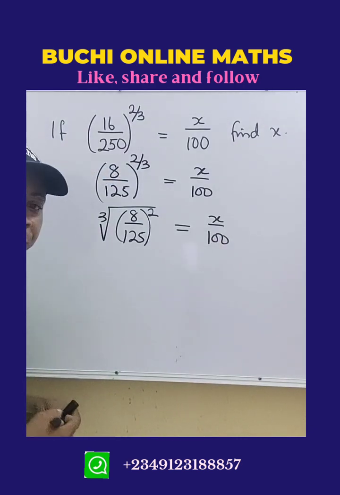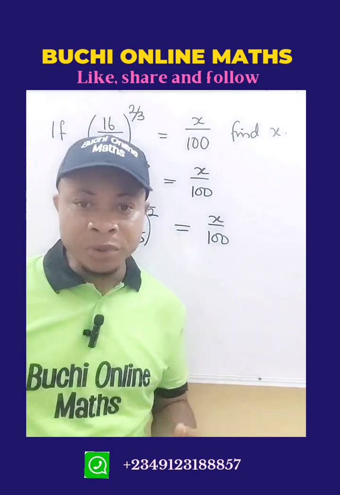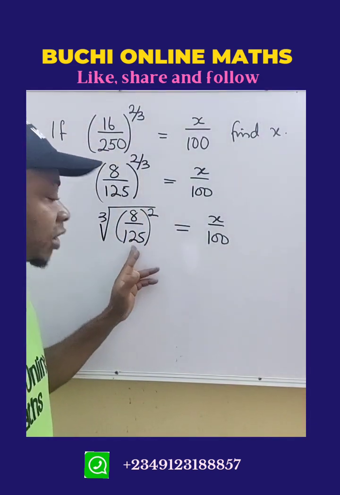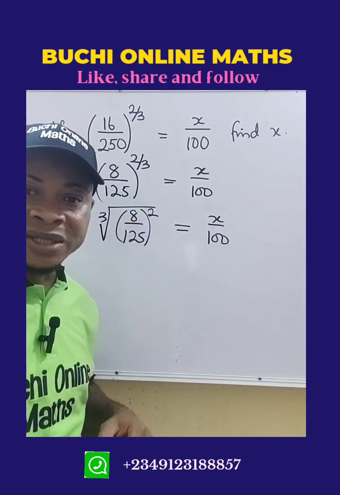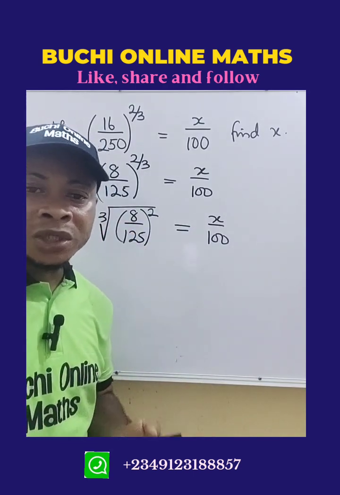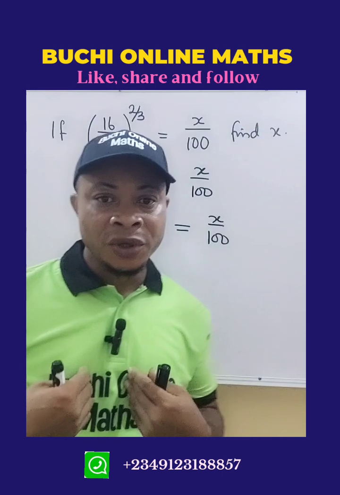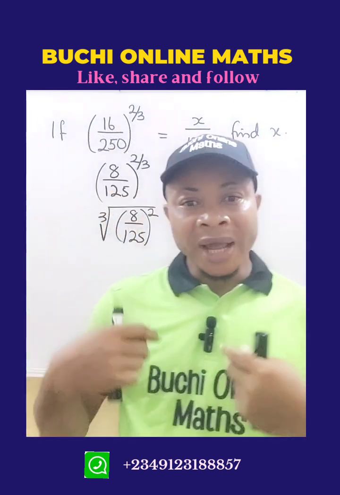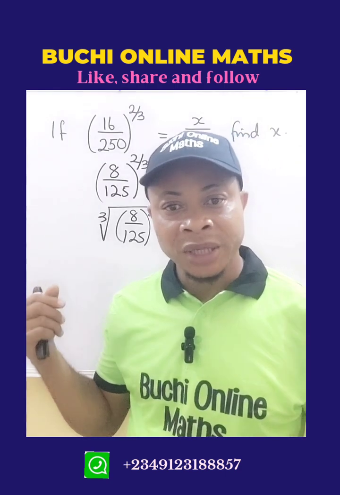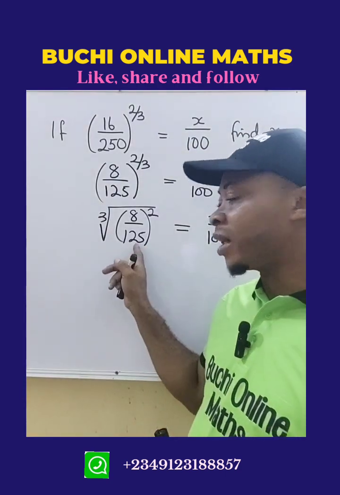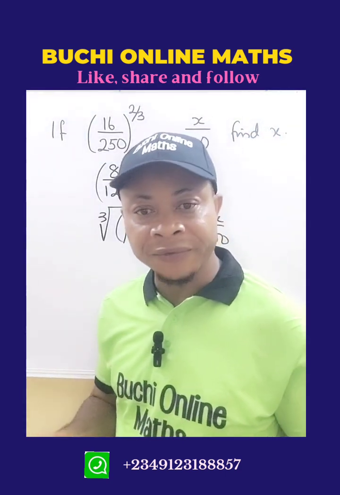Now, next thing will be, what is the cube root of 8 and what is the cube root of 125? How do we get the cube root of 8? It's very simple. What you need to do is to ask yourself, what number will I raise to power 3 to give me 8? And what number will I raise to power 3 to give me 125?